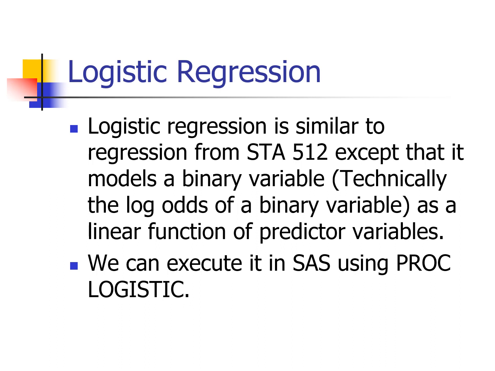All right, so back to logistic regression. Logistic regression is pretty similar to regression from Stat 512. The key difference is that instead of a numeric y variable, our y is now a binary variable. So we're modeling y, this yes or no, this good or bad, and I am simplifying it because those of us that have had Stat 507 know that we're technically modeling the log odds of a binary variable.